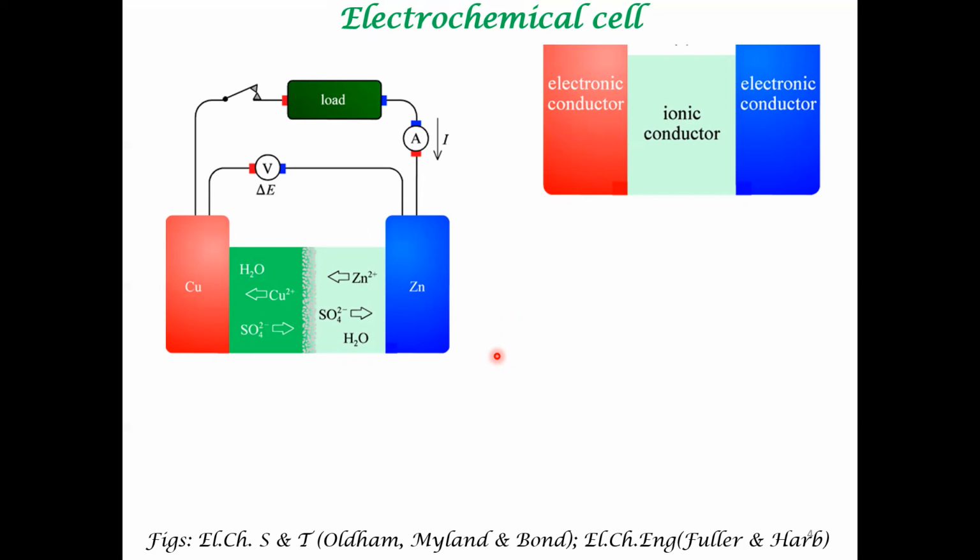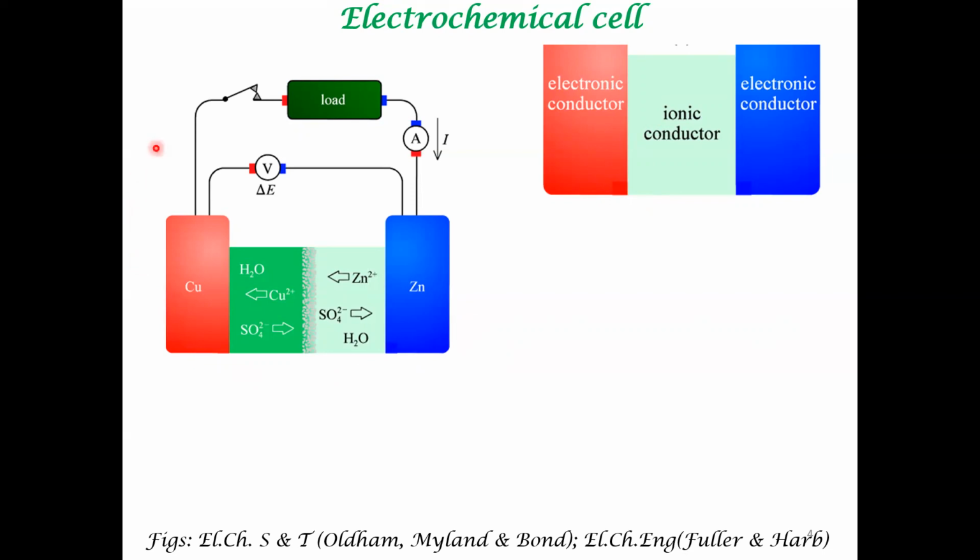So what does a simple electrochemical cell comprise of? It comprises two material systems. One is an electronic conductor and another is an ionic conductor. In fact, a lot of action occurs at the interface between the electronic conductor and the ionic conductor.